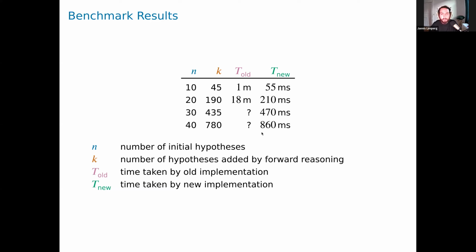There are certain cases where the old implementation has some kind of behavior that makes it perform better. I believe that these are largely edge cases, but we haven't done the full evaluation yet, so I can't say anything definitive. But based on these numbers, I'm quite certain that we're going to be faster overall.